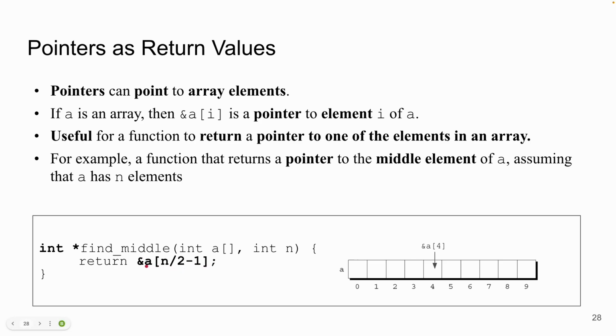The return type of this function, because one element in the integer array A is also an integer variable, should be an integer pointer. So the return value of this find_middle function needs to be an integer pointer.